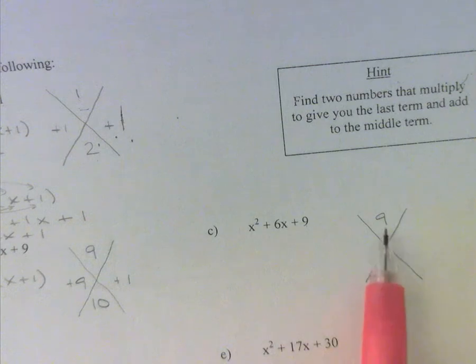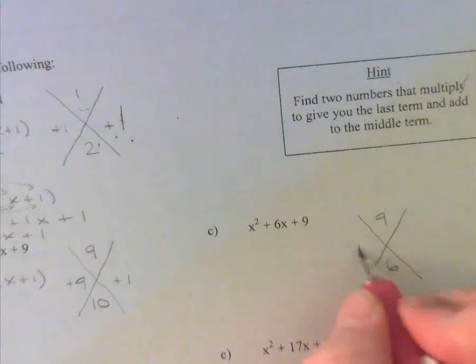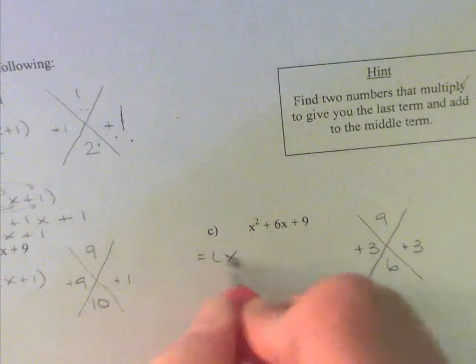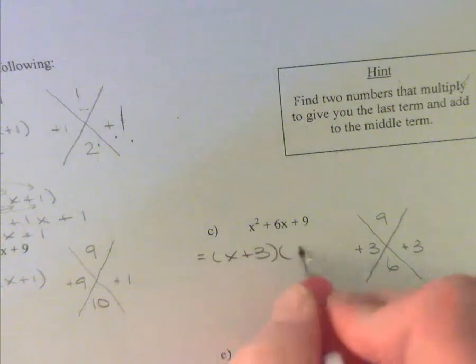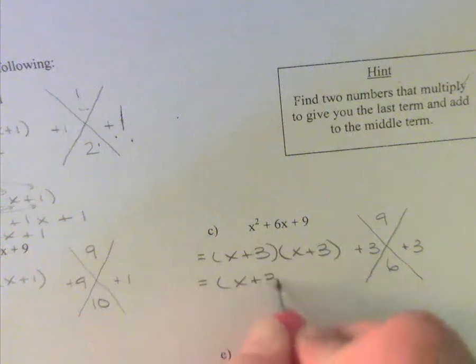So I get 1 times 9 or 3 times 3. And then I look which pair will add to 6. So I can say plus 3 and plus 3. So my two brackets would have been x plus 3, or I could write it as x plus 3 squared.